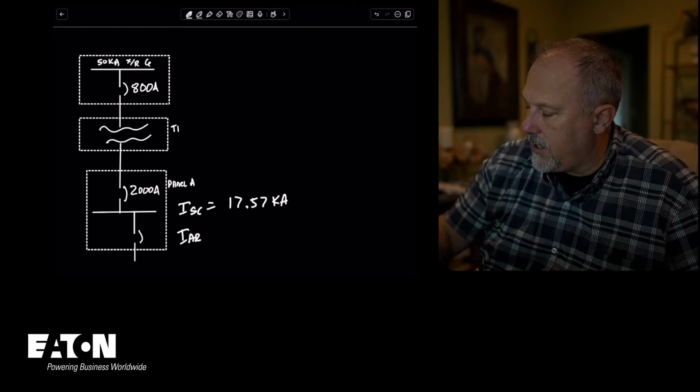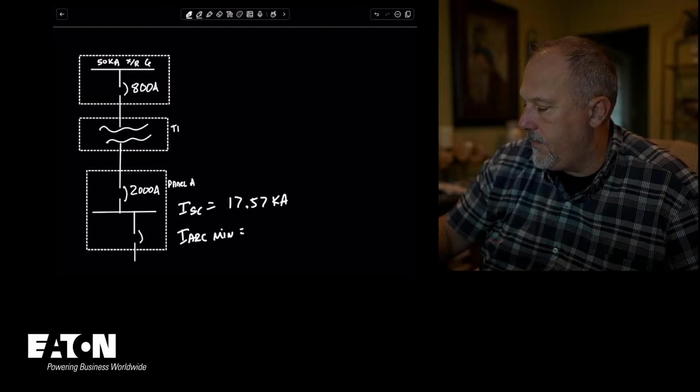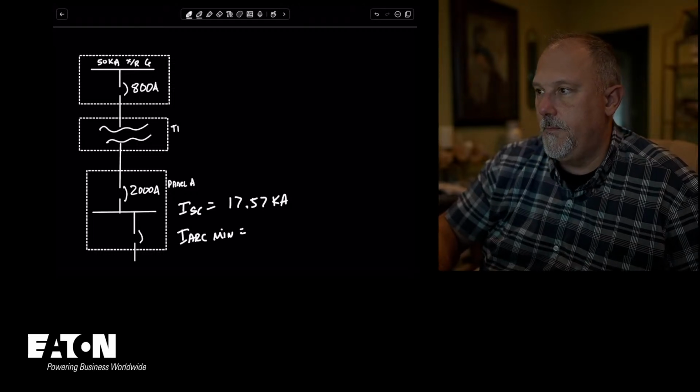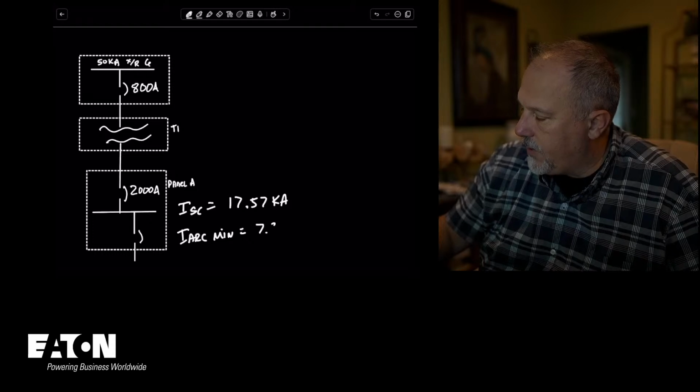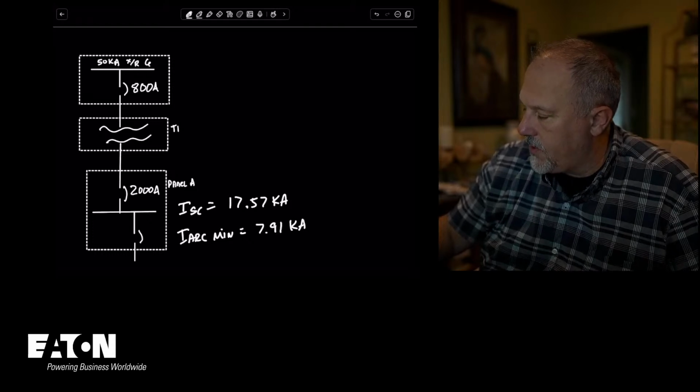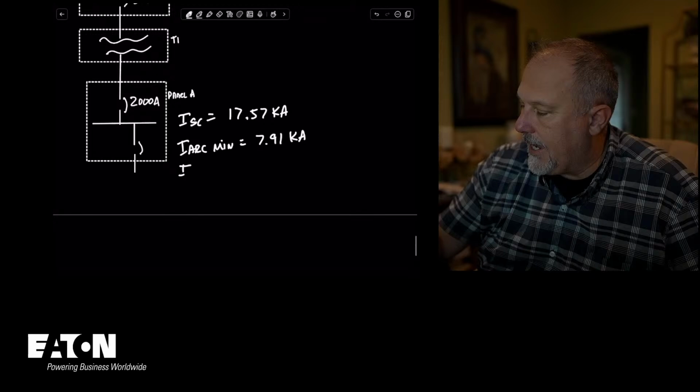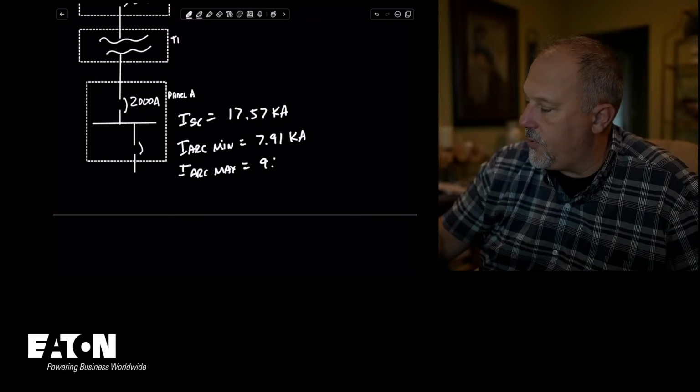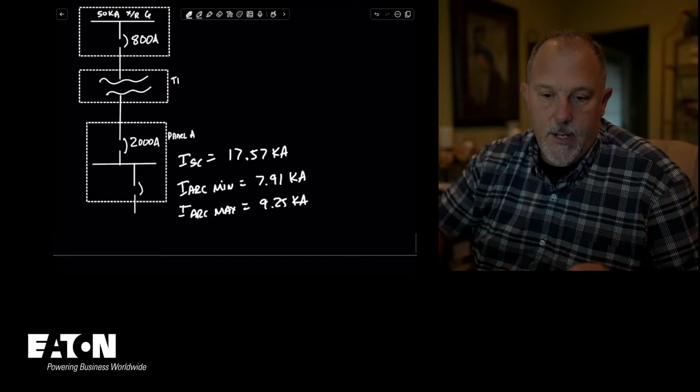I arc minimum is equal to 7.91 kiloamps. I arc maximum is 9.25 kiloamps. So now let's do this.